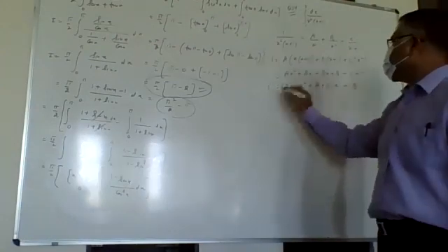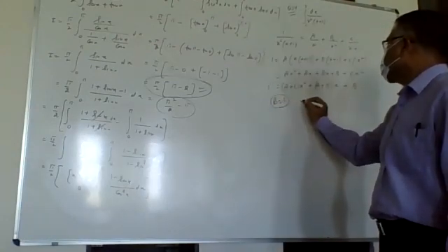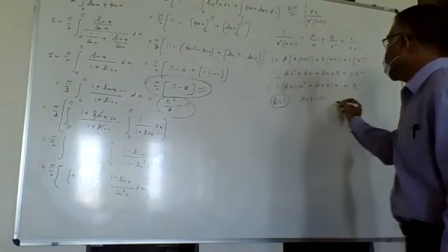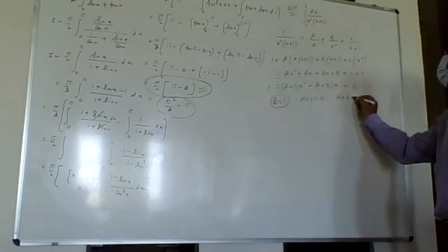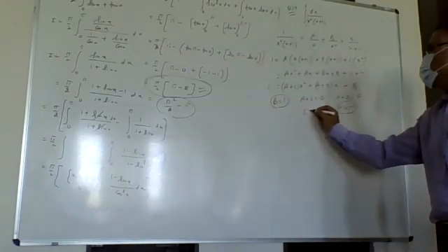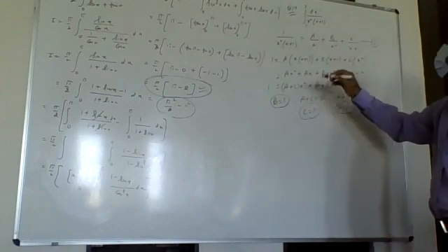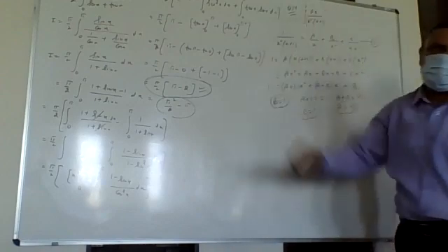So when I compare both the sides, constant B is equal to 1, A plus C is equal to 0, A plus B is equal to 0, so A is equal to minus 1 and C is equal to 1.